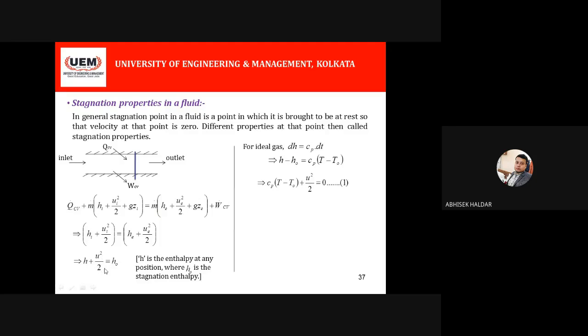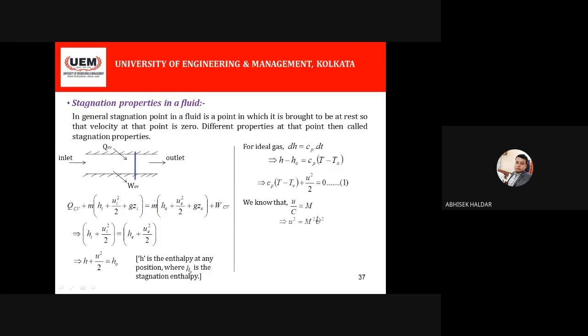It is very clear from this equation that H naught minus H is equal to U square by 2. Keep this as equation number 1. Now we also know from the basic definition of the Mach number that M is equal to U by C.